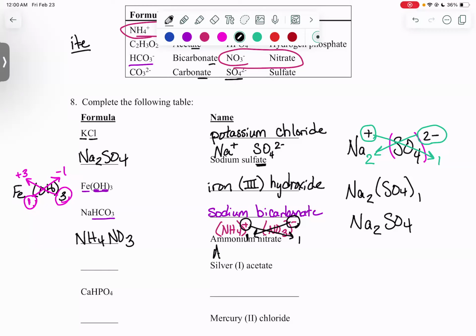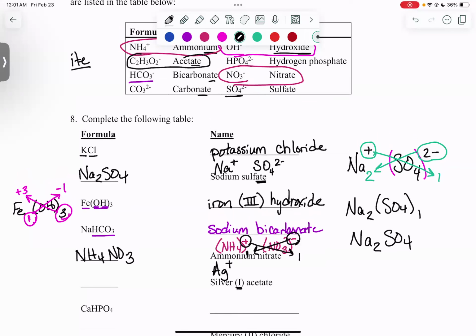All right, the next one, silver 1. Well, that's really easy. I can put my symbol and then it's a +1 because I see the Roman numeral and that's a 1. Then I go up and acetate. I come up here and I find acetate. Acetate is C2H3O2, and it carries a charge of -1.